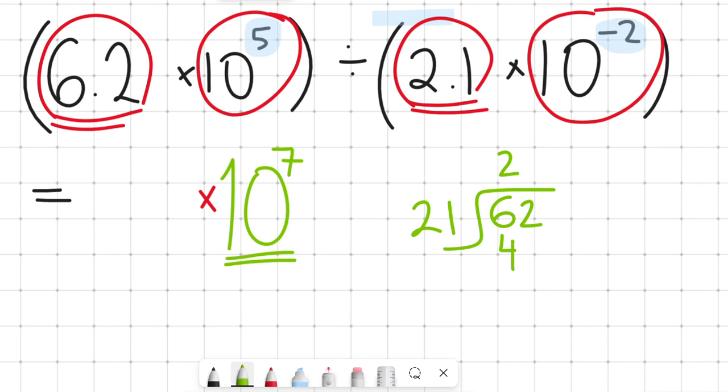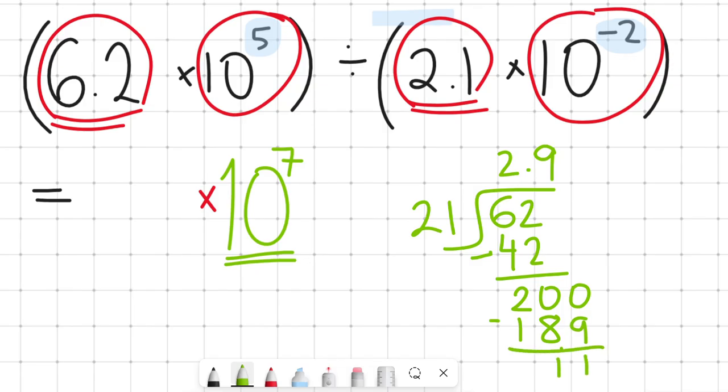Because 2 times 21 is 42, minus this, which will be 0 and 2. 21 into 20 doesn't work. Put the point, add another 0 down. So 21 into 200 will be 9. 9 multiplied by 21 will be 189. If we minus it, then we get 11, add another 0. It fits 5 times. 5 times 21 is 105, and so on.